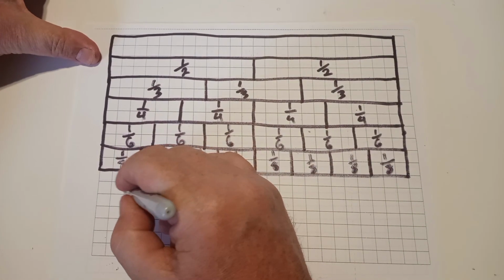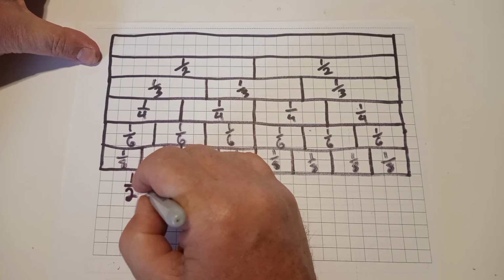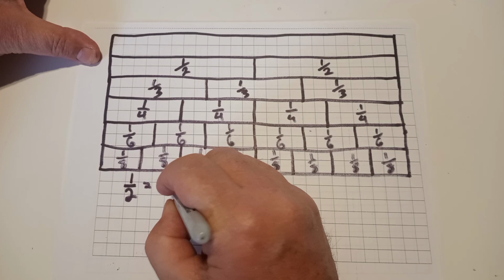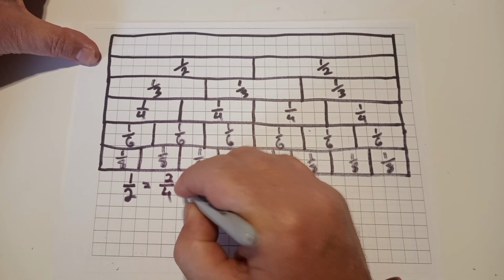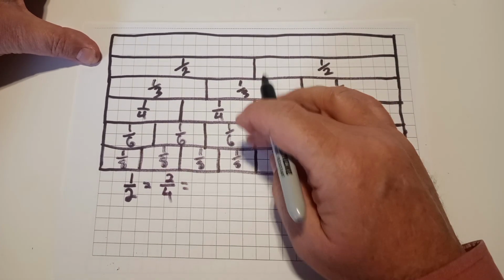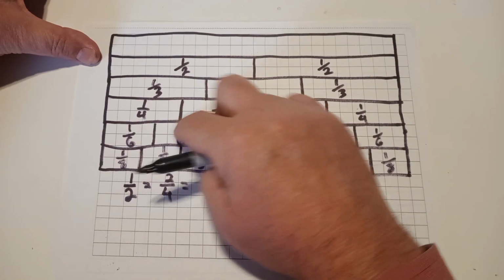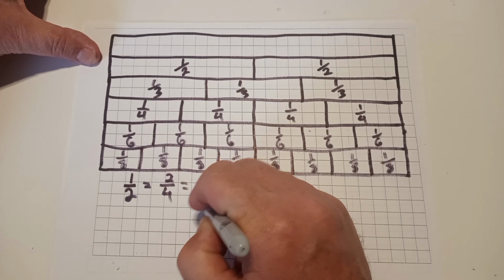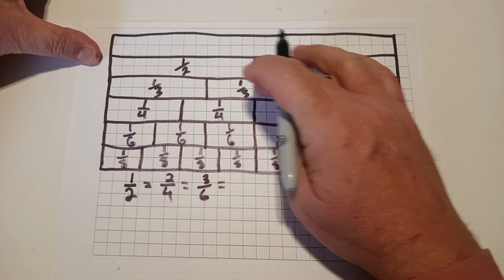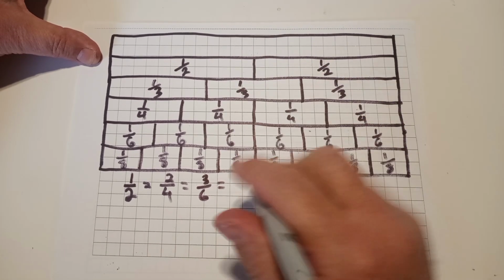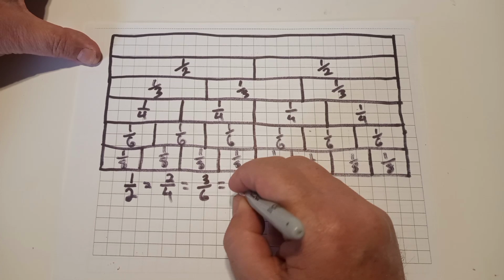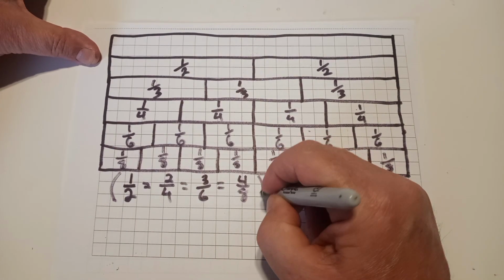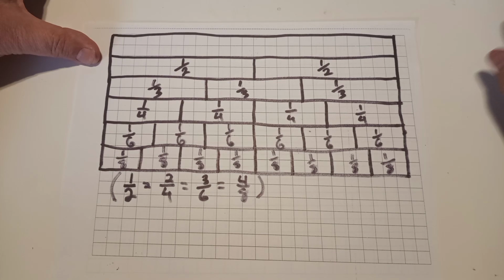So 1/2 is equal to 2/4, which is also equal to 3/6, which is also equal to 4/8. Those are all the things that are equal to 1/2.